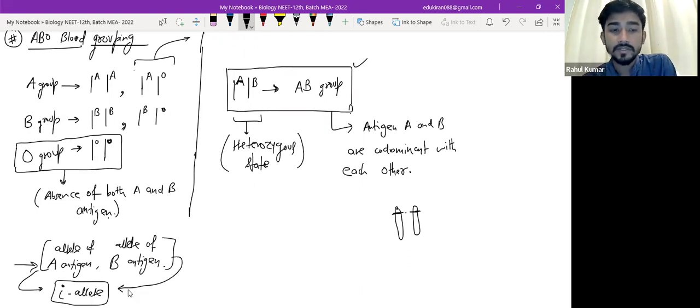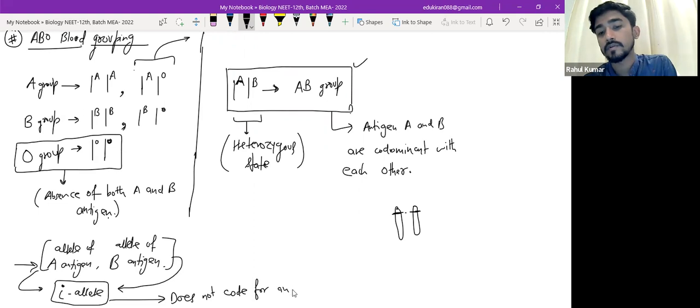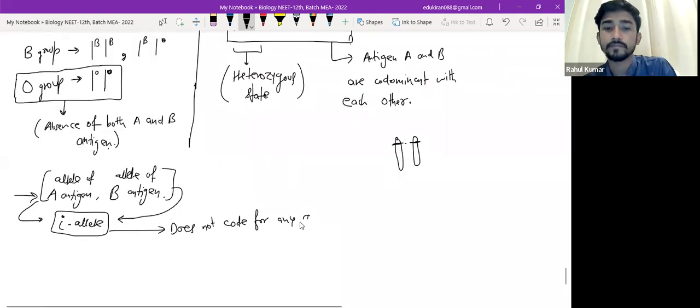Because write down, this i allele does not code for any sugar. That's why there is no antigen produced. Is it clear, Madhya? Are you following? Yes, sir.